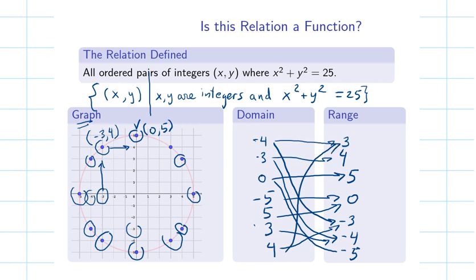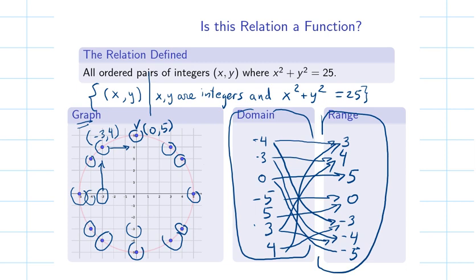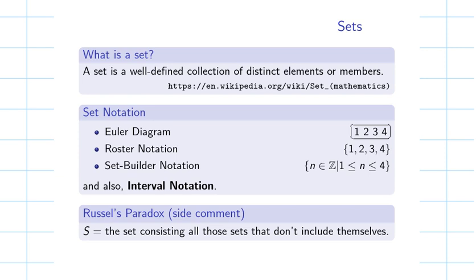And 5, let's squeeze that in here. 5 is going to 0. And this one, 4 is going to 3. It's all the way up here. And this last point, there's 12 points in this function. 3 is going to 4. So there's the domain right there, and here's the range right there. It's not a function because many elements of the domain correspond to multiple elements of the range.